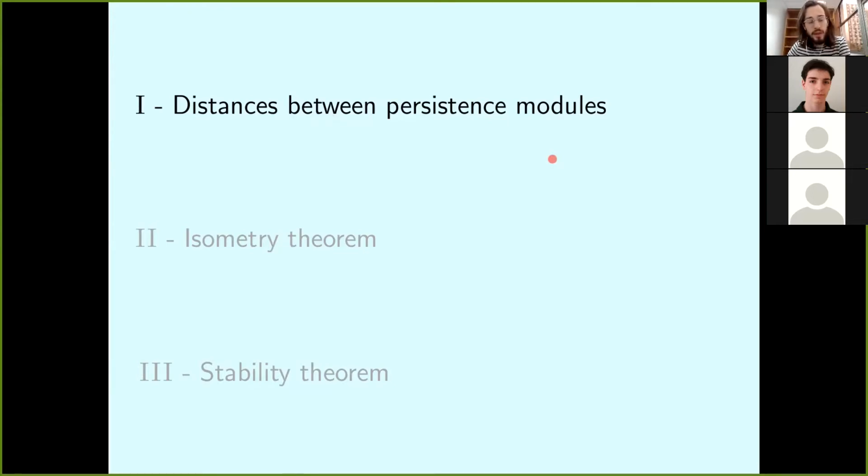Then I will tell you about the isometry theorem that relates these distances. And we will conclude with the famous stability theorem. At the end of this lesson, you will know everything about the basics of persistent homology.